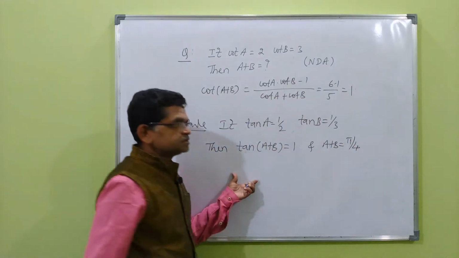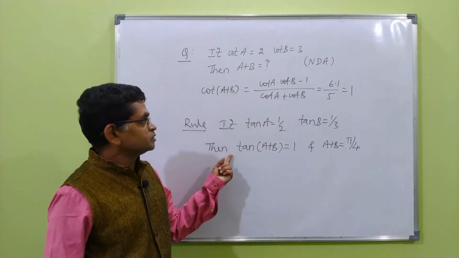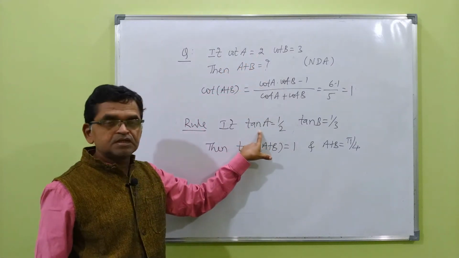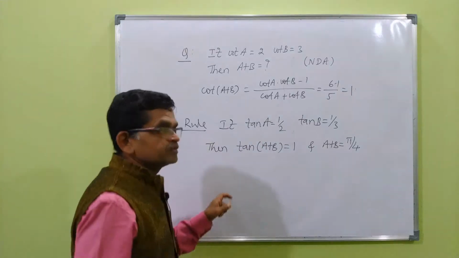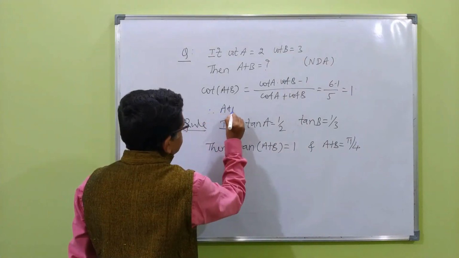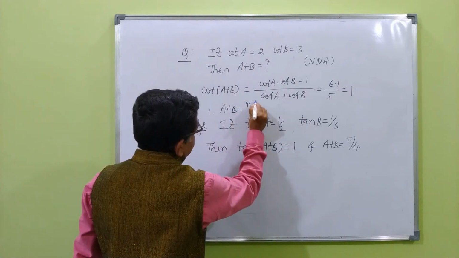You can take it as a standard result. So cot A is 2 means tan A is 1/2, isn't it? Therefore, A + B is equal to π/4.